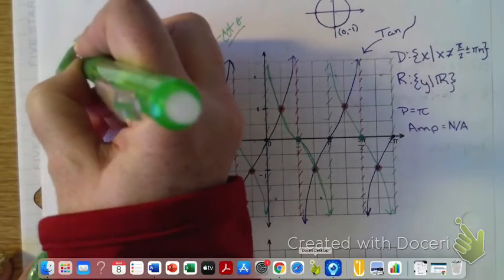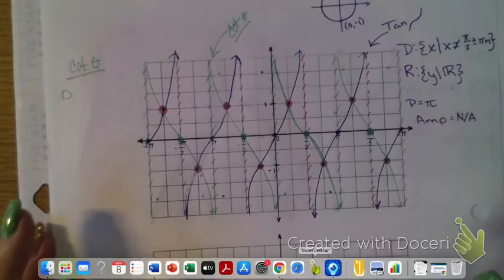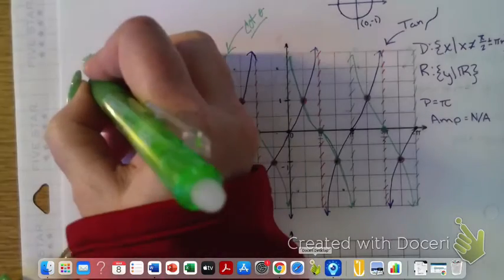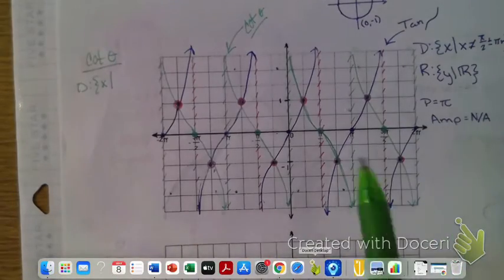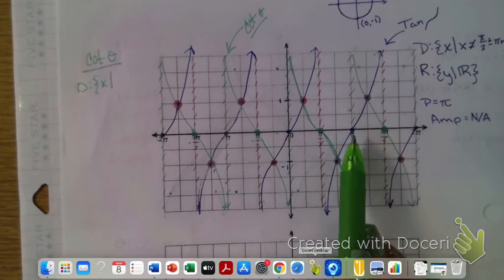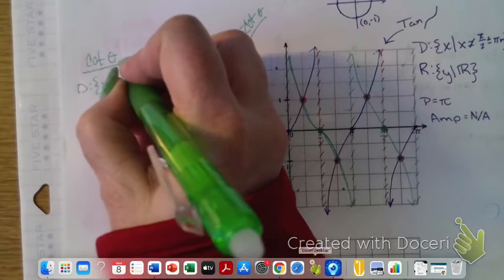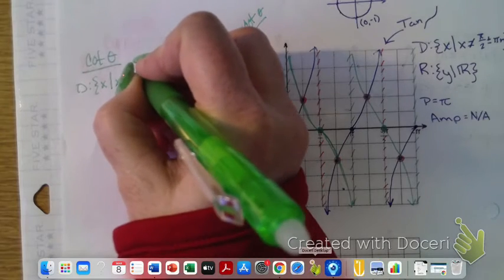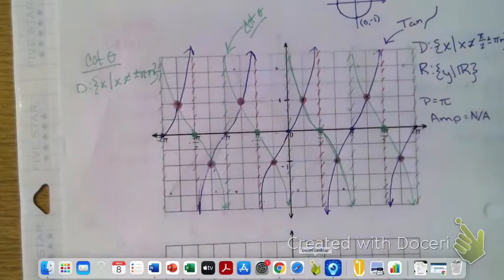So cotangent. So the domain: x such that x cannot equal... Where are my asymptotes out here? 0, pi, 2 pi. So this is where x cannot equal pi n, plus or minus. What was that the same as?